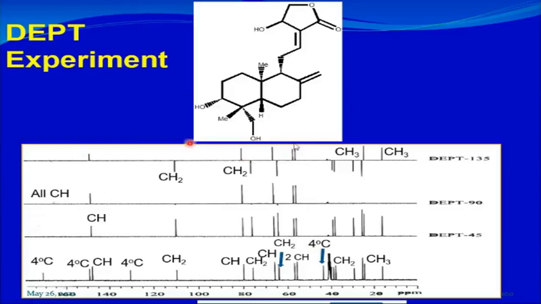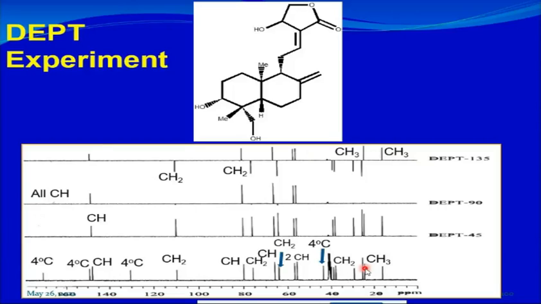These 5 signals in the depth 135, they belong to the CHs because the same signals appear in depth 90 as well. So the rest of the 2 here in depth 135, they should be CH3. So these 2 signals here, to the extreme right of the spectrum, they belong to the CH3 groups. All right. So now you have differentiated between or identified CH, CH2, and CH3.